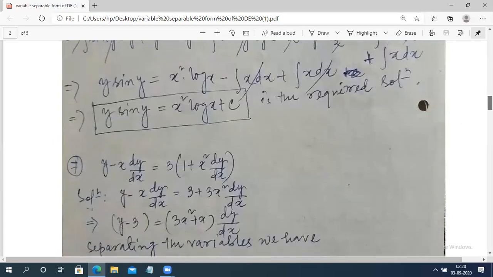So this is the solution of our given differential equation.